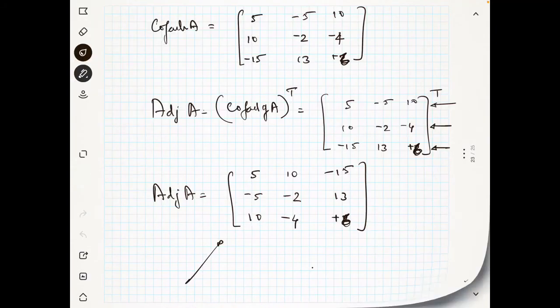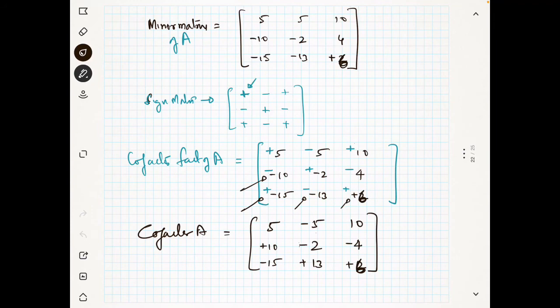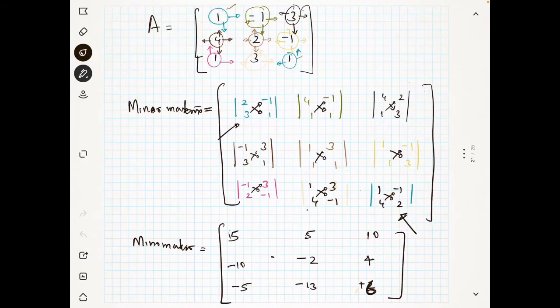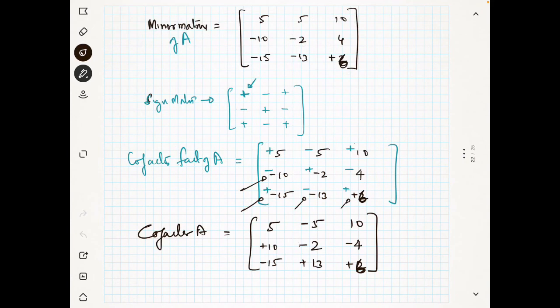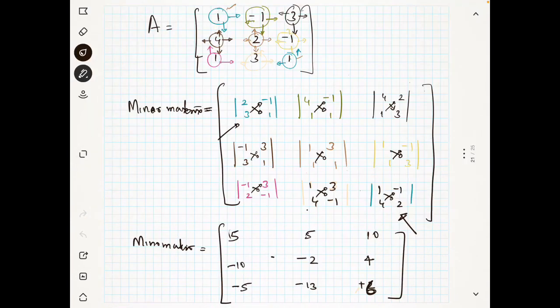Let me check here. It's 4 into 3. Okay, not minus 5, I think. The minor matrix is 5, 5, 10.